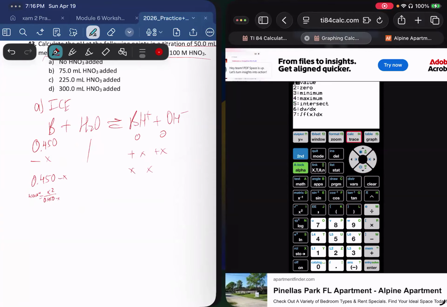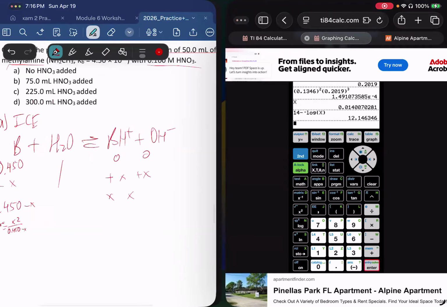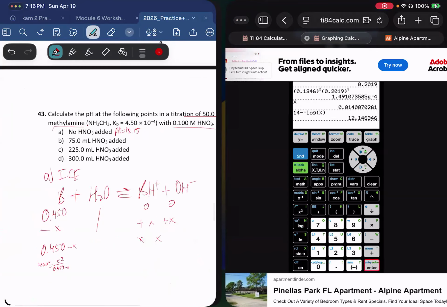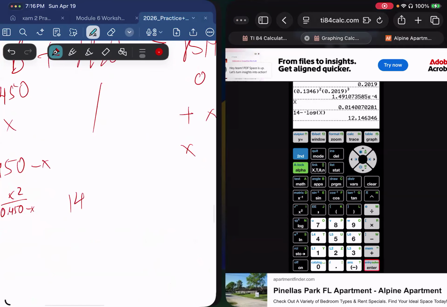Second calc, intersect, enter. You get the x value. So x is equal to this. This is the hydroxide concentration, so 14 minus negative log of x is the pH. In this case, the pH is equal to 12.15, okay? So that's the first one.